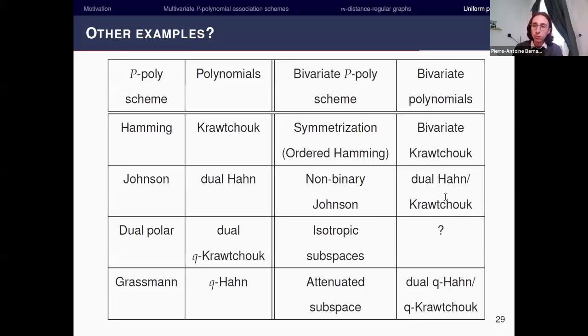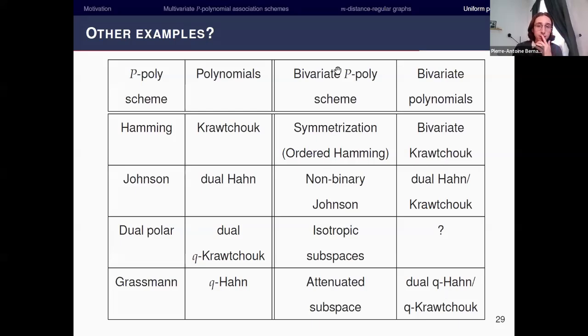And we know the polynomials are some kind of combination of dual Hahn and Krawtchouk polynomials. It's not just a product, it's really a combination, because the variable of one is in the parameters of the other. For the dual polar, we have isotropic subspaces, and for the Grassmann graph, we have the attenuated spaces, for which the bivariate polynomials are also well understood.